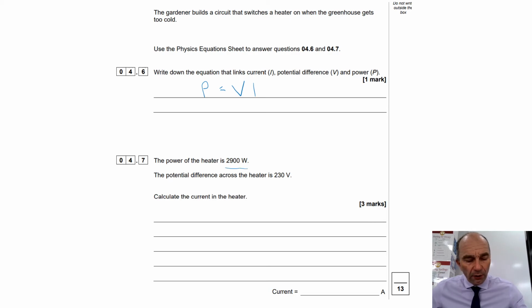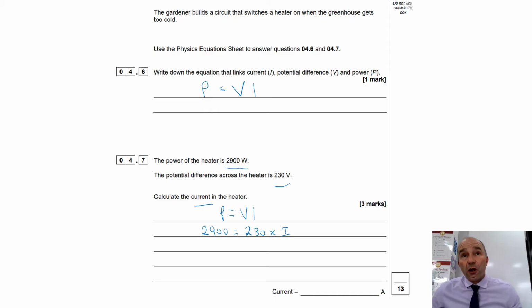We're given the power, we're given the potential difference, we've got to work out the current. So at this point we need to substitute our numbers in to P equals VI. We've got power of 2,900 equals a potential difference of 230, and I, the current, is what we're trying to work out.